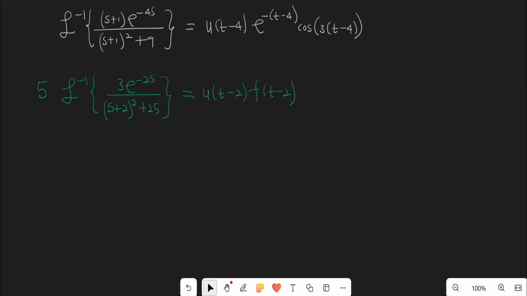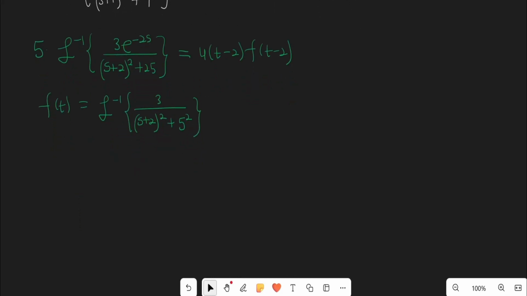So now how do you find f of t? F of t is the Laplace inverse of the remaining function. The remaining function here is the one without the exponential, and that is going to be 3 divided by s plus 2 all squared plus 25. 25 can be written as 5 squared.